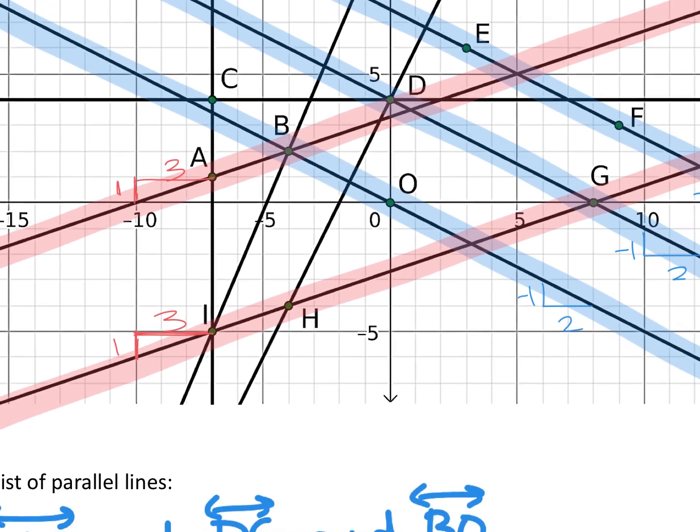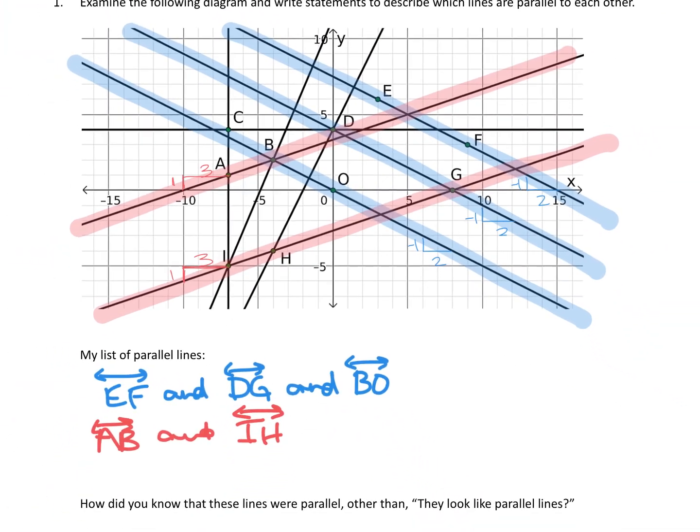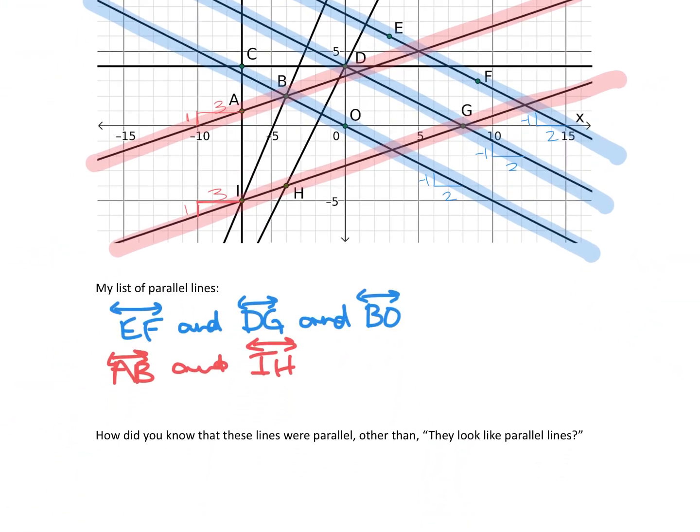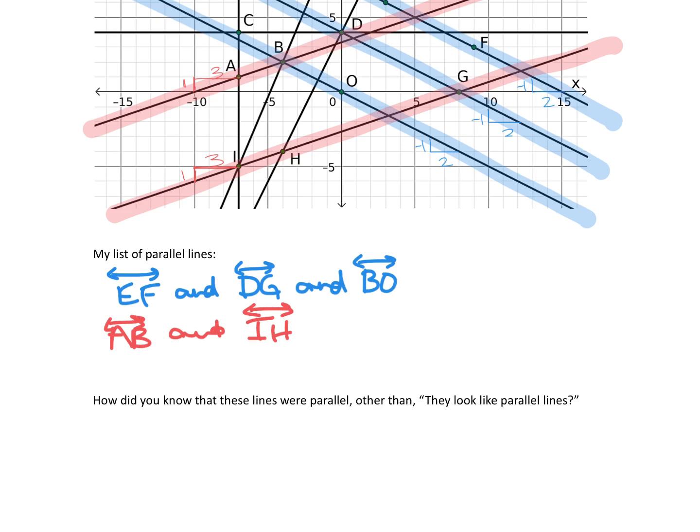Okay, so I think that's sufficient proof that we've chosen wisely, and that the sets of lines that are parallel to each other are indeed parallel because they have the same slopes. Same slopes.